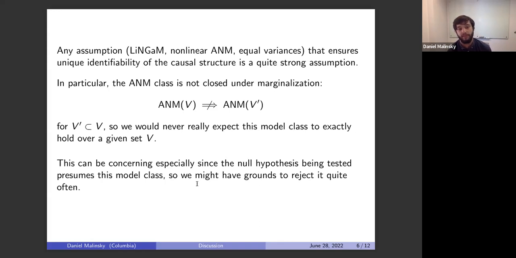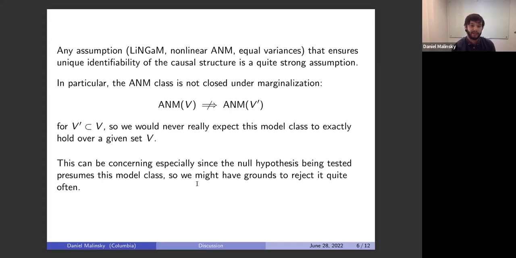So if you start with a set of variables V and you think you have some additive noise model that's nonlinear over V, and then you look at any subset of V, call it V prime, which might come from marginalizing out mediators or confounders, you're no longer guaranteed to have an additive noise model over that smaller set.